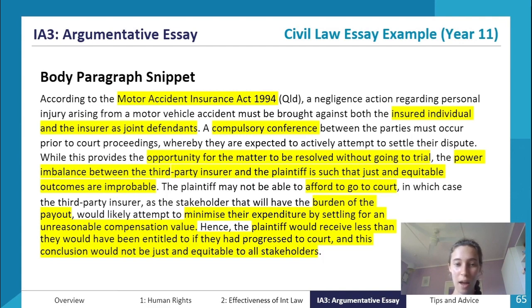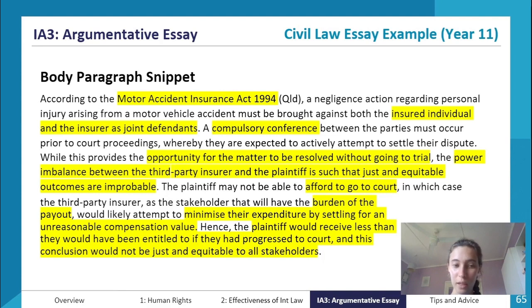I have explained what the requirements are for a negligence action, because if I'm arguing that the requirements don't lead to just and equitable outcomes, logically I need to explain the broad situation of how the current law works in order to then explain why I believe it's not effective, and then how it needs to be improved.